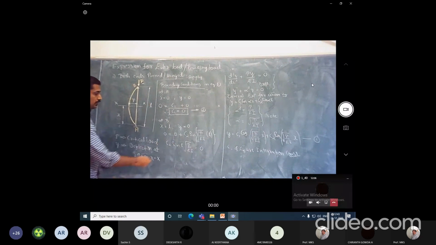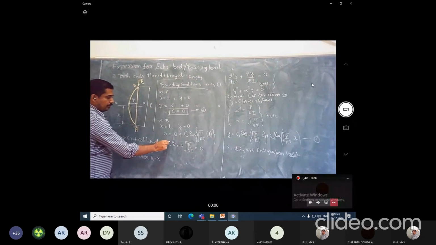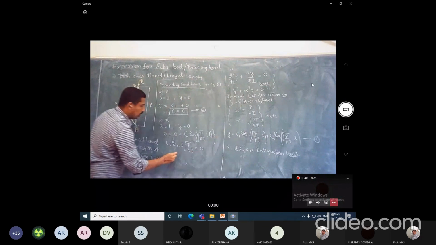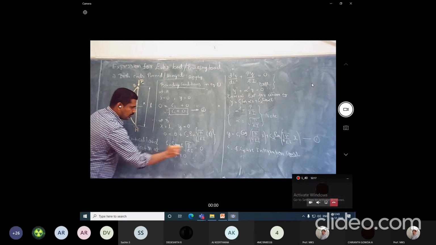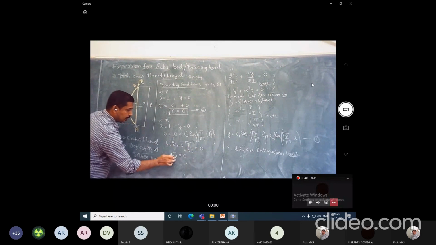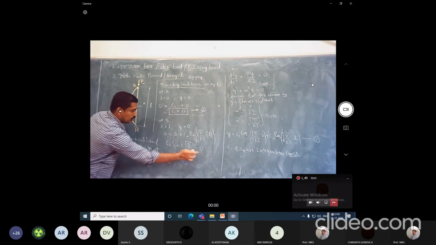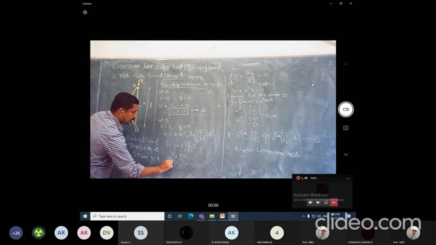C2 cannot be equal to 0, because if C2 is equal to 0, this whole term will be equal to 0. Therefore, C2 is not equal to 0. If you cross multiply, you will be remaining only with C2, which is just a number.